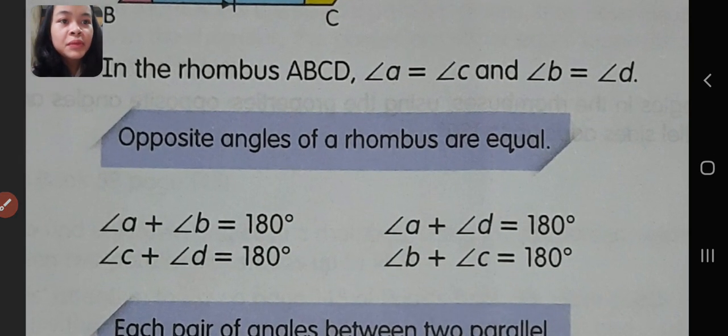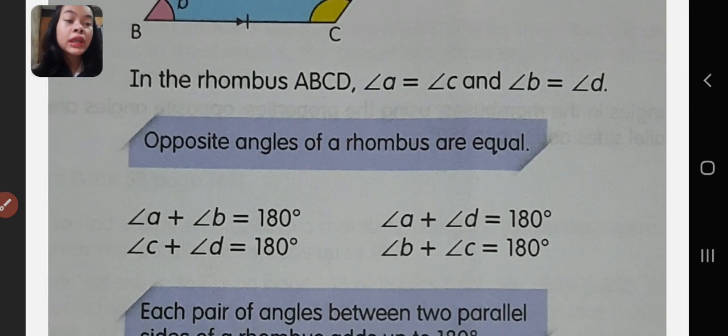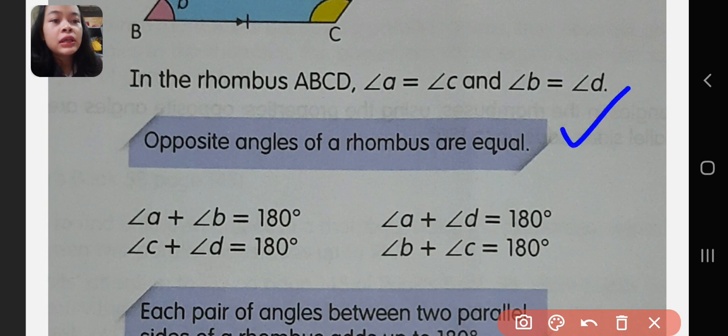Now we're going to read more. In the rhombus ABCD, A equals C and B equals D. Opposite angles of a rhombus are equal. So are they in a parallelogram, and also in a trapezium. Oh, in trapezium no, sorry.